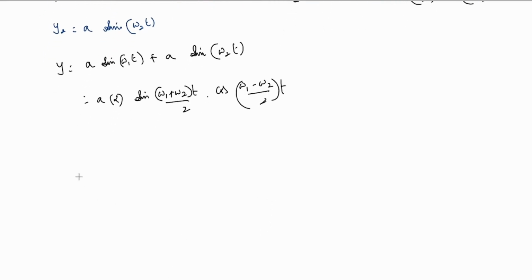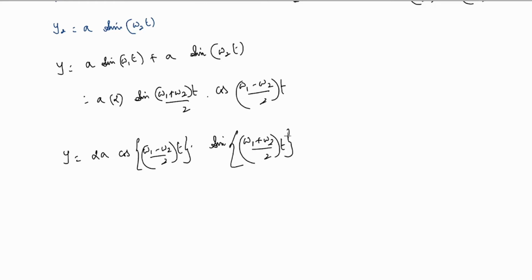What we get, we write as y is equal to 2a into cos of (omega 1 minus omega 2) by 2 into t term, into sine of (omega 1 plus omega 2) by 2 into t, which we can rewrite as y is equal to A sine of (omega 1 plus omega 2) by 2 into t.